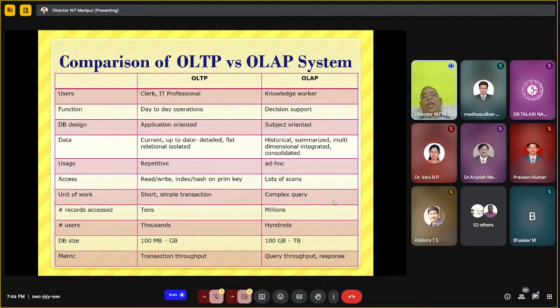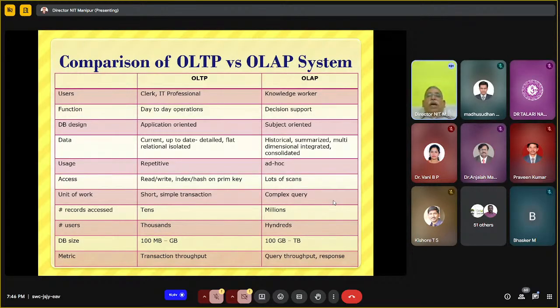Here it is 100 GB to 1 terabyte of data. In comparison, it is almost 100 times larger. The metric used is that transaction throughput is optimized in OLTP, whereas here query throughput and response time are optimized. This way, the OLAP system is different from the OLTP system, and analytical processing is quite different from transaction processing.